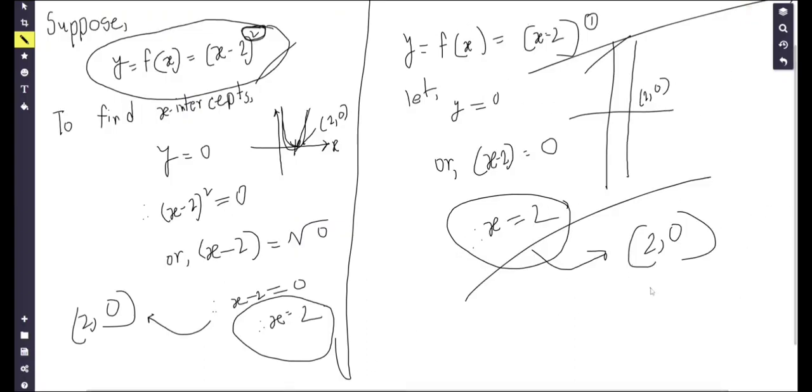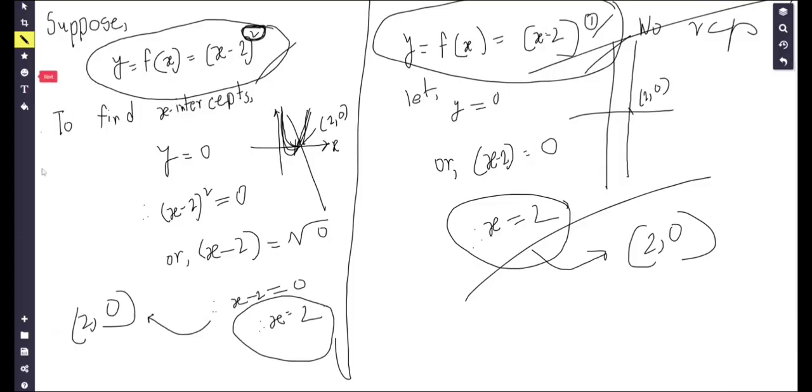The intercepts are the same, but as we find a repeated root here, the graph touches the x-axis but never crosses. And in this function, we have a linear equation, the root is 1, no repeated root here, and that's why the curve of this graph crosses the x-axis but never touches it.